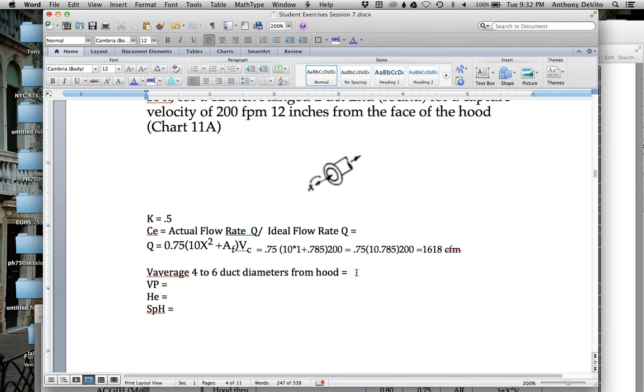Right? So my velocity is going to be 1618 divided by the area, which is 0.785, which is equal to, how much does that come out to for my velocity?